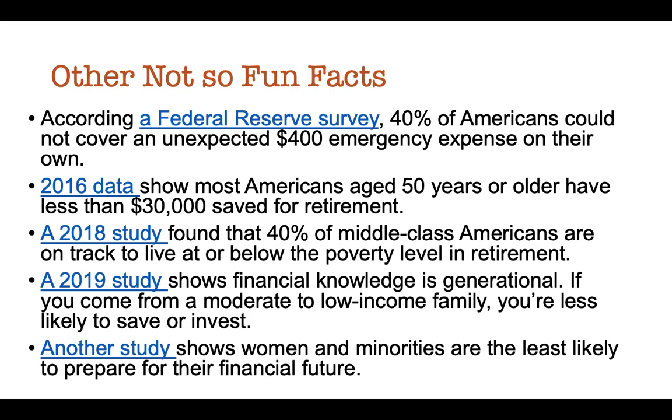Typically, financial knowledge is passed on from one's parents. It's generational. So if you came from a moderate or a low-income family, those parents are just less likely to pass on savings and investment habits than those who came from wealthier families. Wealthier families probably had knowledge and skills of how to save, how to invest, what those opportunities looked like, and they taught their children.